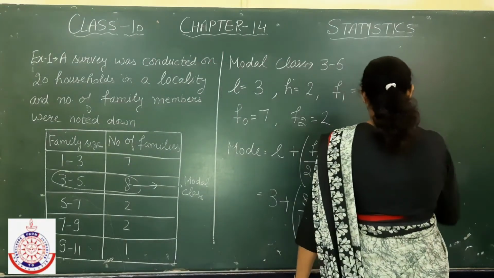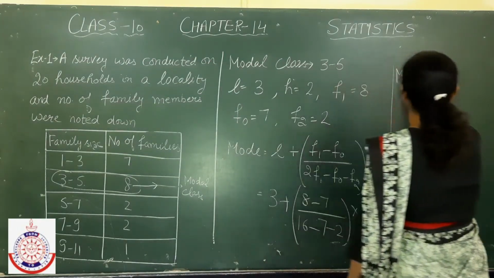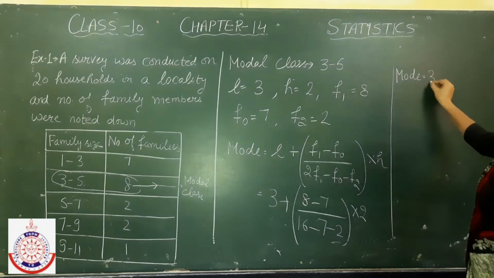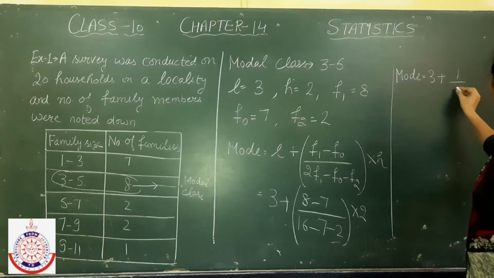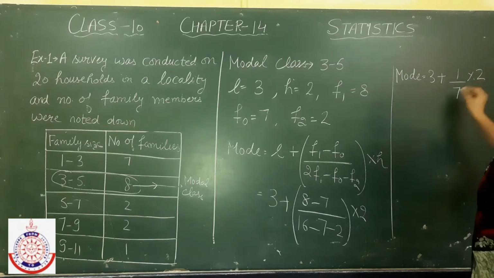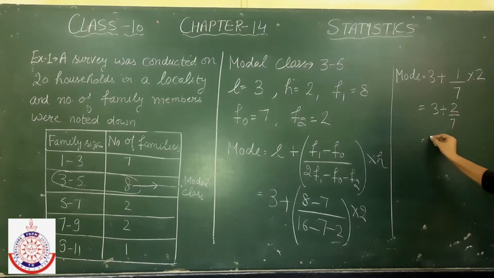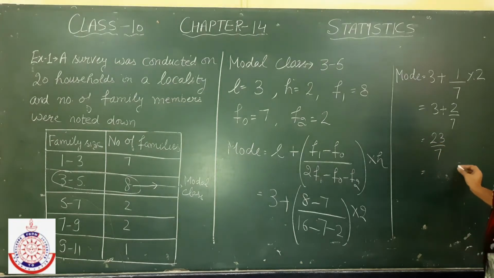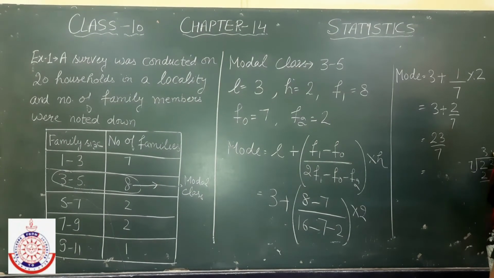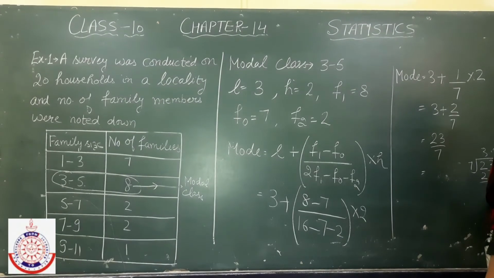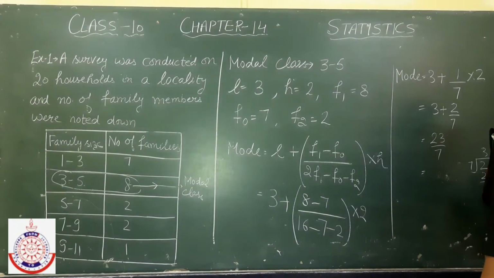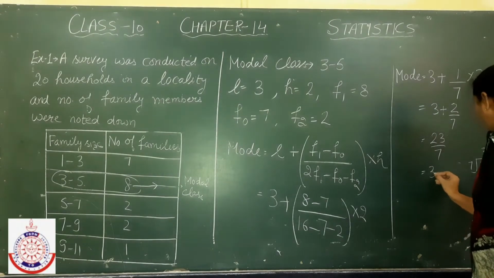So we have mode as 3 plus 1 upon 7 into 2. That means 3 plus 2 upon 7, which is 23 upon 7. That shows the approximate value of the mode will come out to be 3.28.